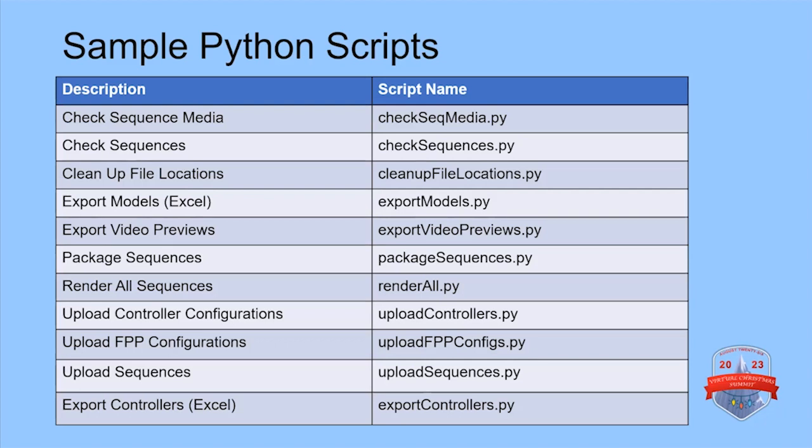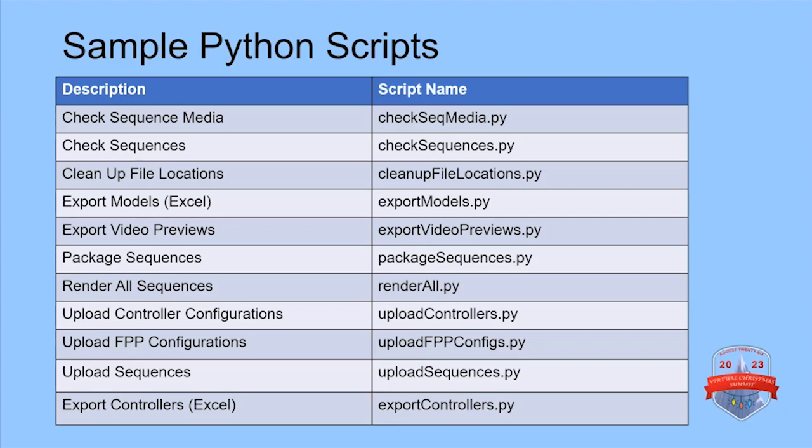Export video previews would go down and export your videos out to the MP4 format so that you would be able to do this in a batch type process. Of course, you may want to go get a couple of cups of coffee or maybe go to bed if you're trying to do it on a very large show folder.